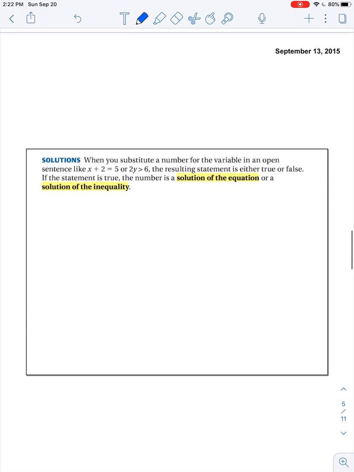When you substitute a number for the variable, meaning you plug it in an open sentence, meaning there's x's or y's, the resulting statement is either true or false. So this is saying that you're going to plug in a number for the x, the y, the z, whatever variable they're using.